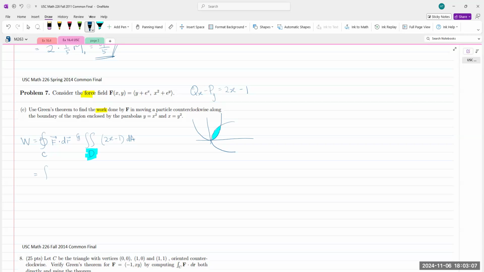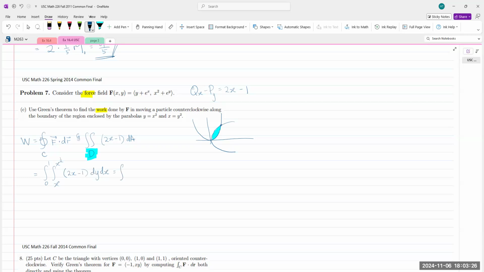That will be the integral from 0 to 1. The intersection is (1, 1), right? And then the integral from x squared to x to the 1/2 of 2x minus 1 dy dx.